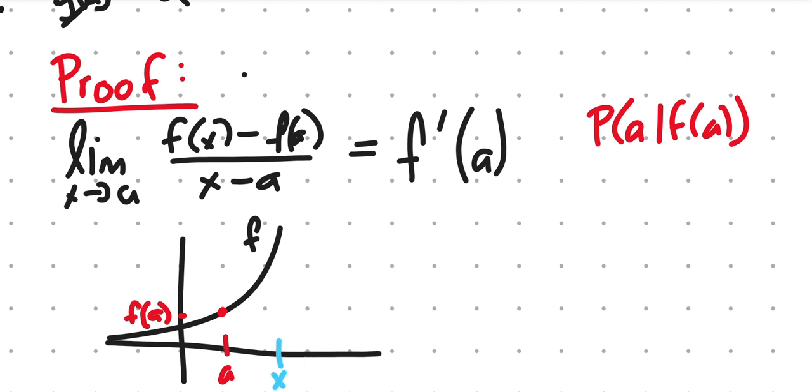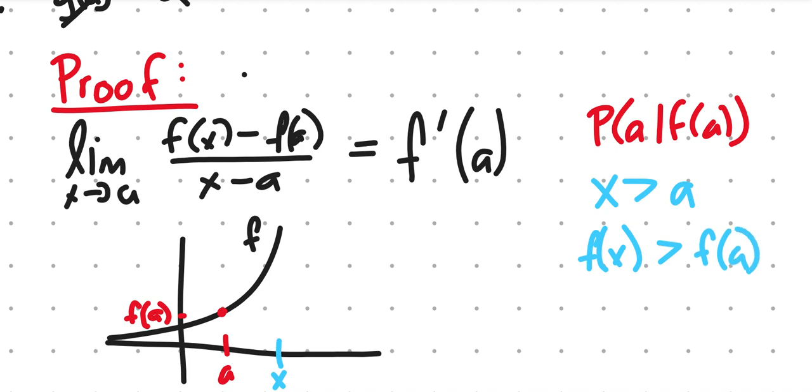I'm going to put x bigger than a, and f of x in this graph is bigger than f of a. It can be smaller, it doesn't really matter, because if it's smaller, it means the gradient is negative, smaller than 0. So x must be greater than a, which means f of x is also greater than f of a.